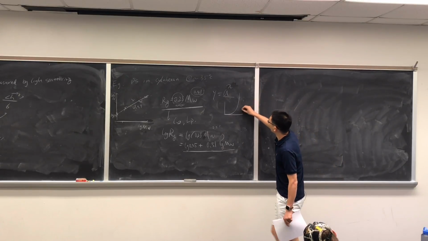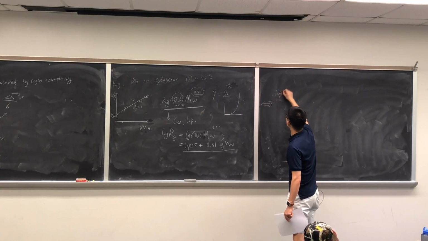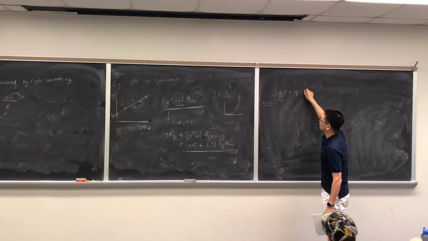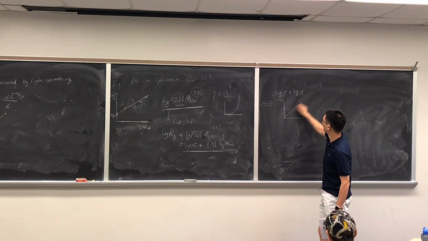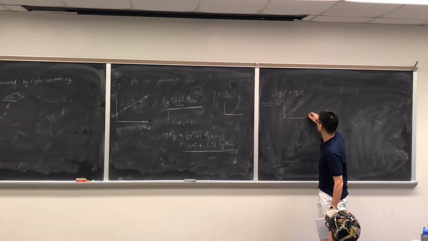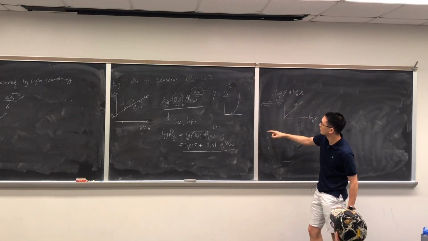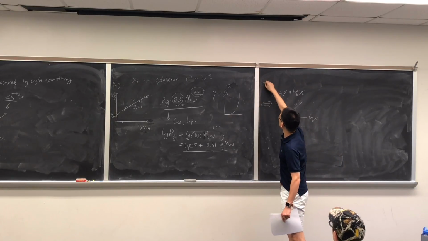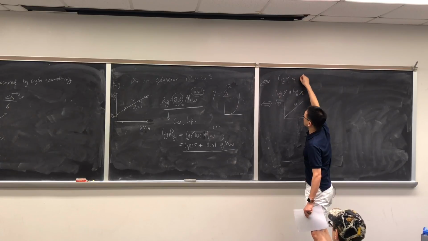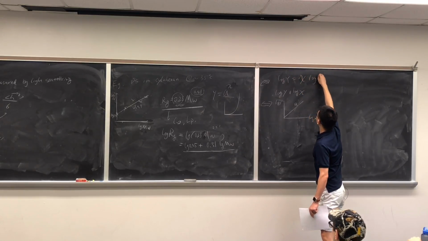But if we plot log y versus log x, this will be linear. This is log y, log x, and the slope will be a, because this equation is interchangeable with log y equals a log x, right?